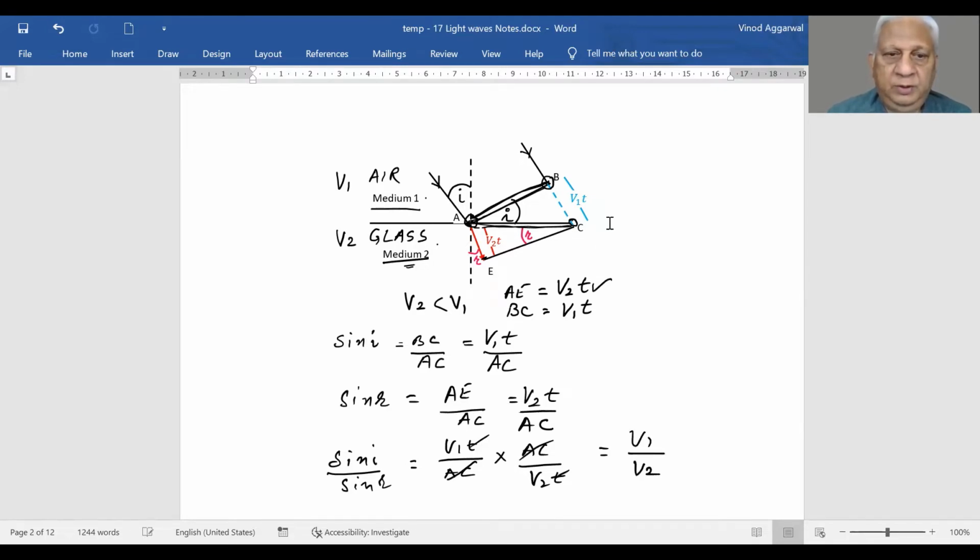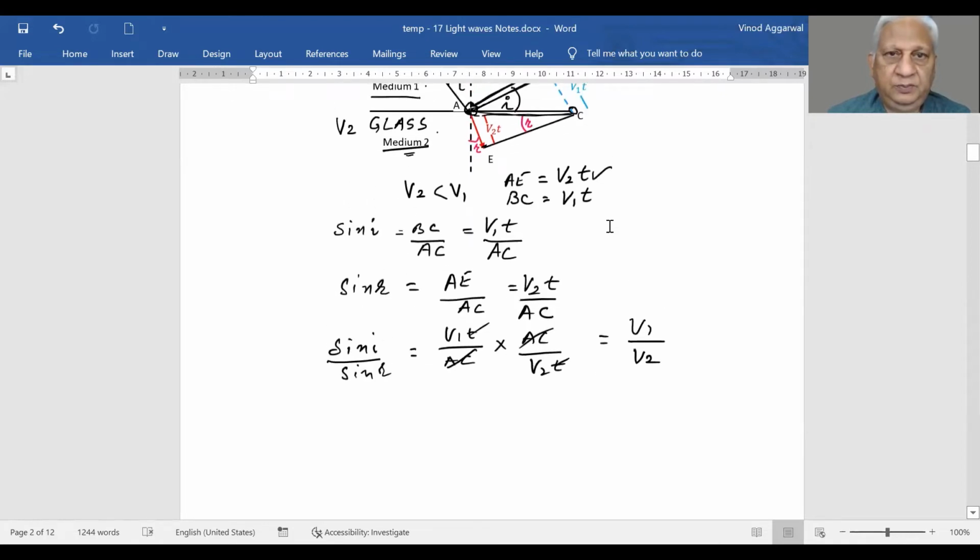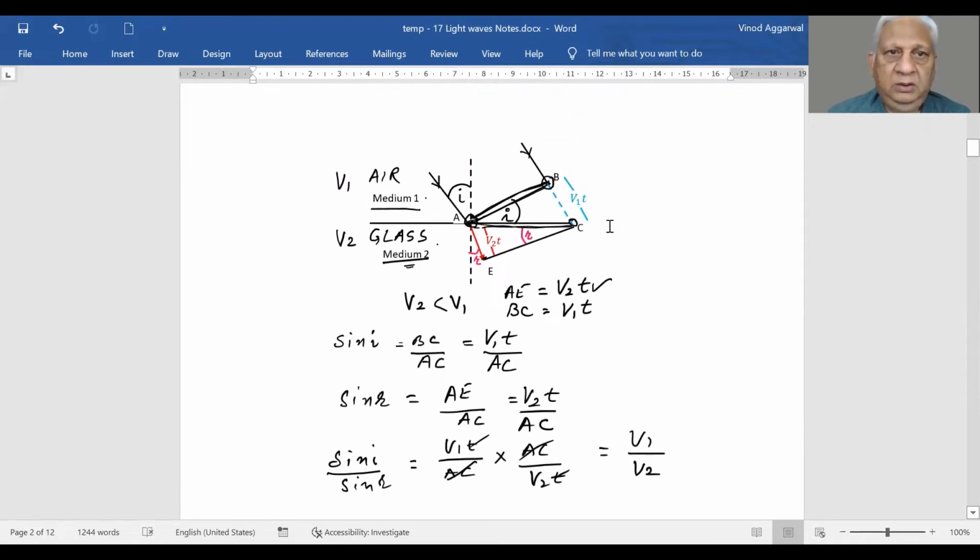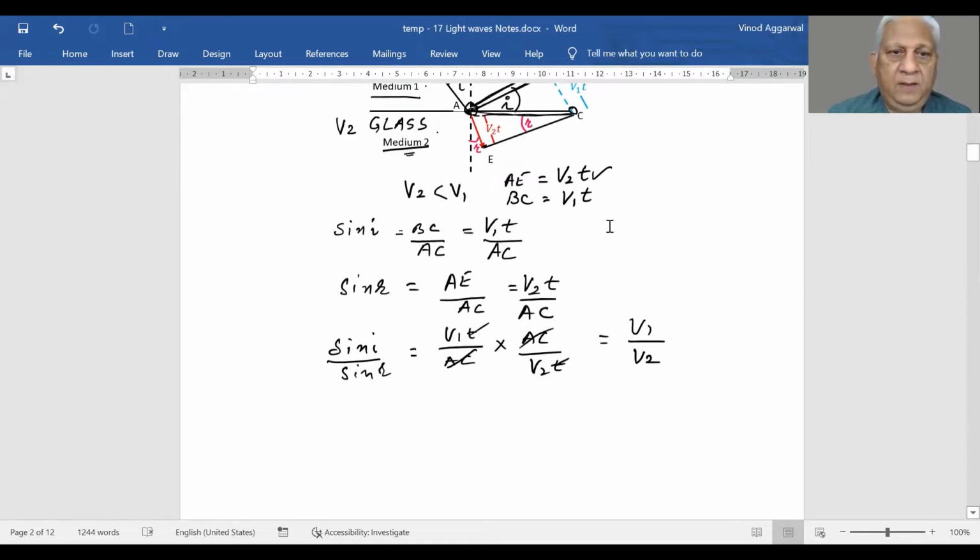So what it essentially means is that during refraction, sine i by sine r is equal to the ratio of the velocity in respective medium. Okay.